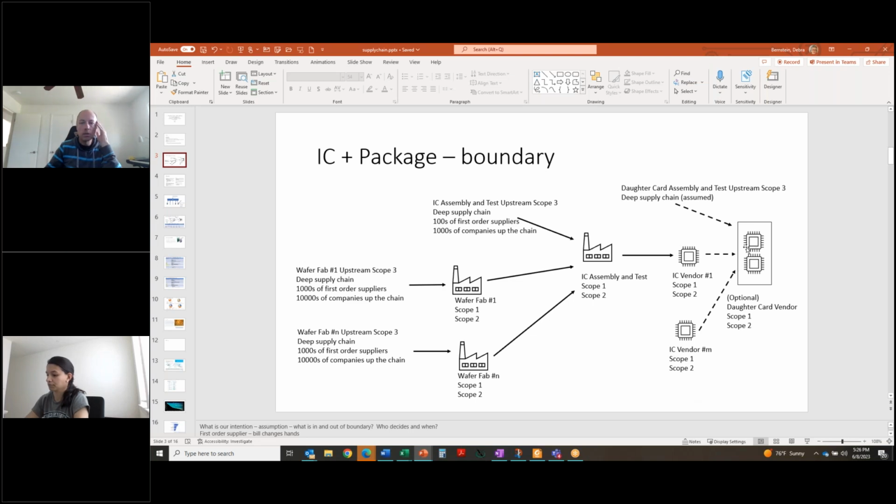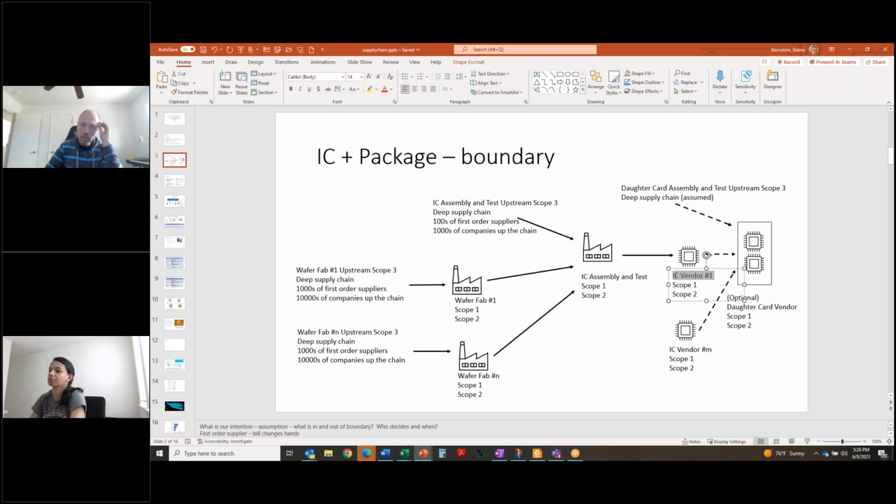If you start on the right, optionally, there could be a daughter card for the examples that I discussed earlier. From the daughter card, we would then be able to get some enumeration of the different ICs that are associated with the daughter card. Otherwise, if it's just a server that's going directly on the motherboard, we would start in this place that says IC vendor number 1.